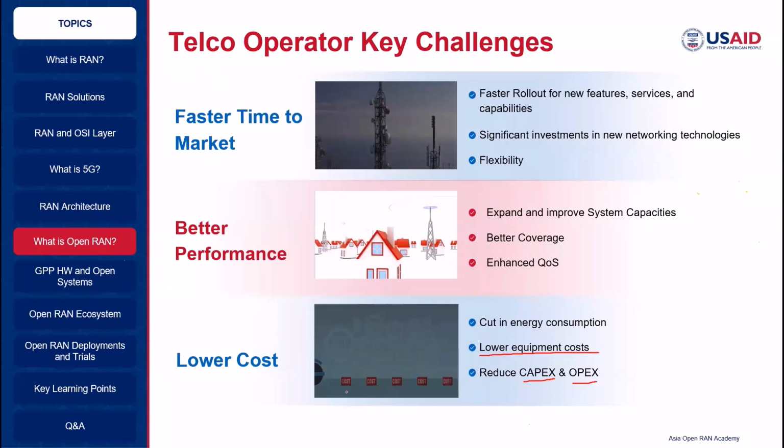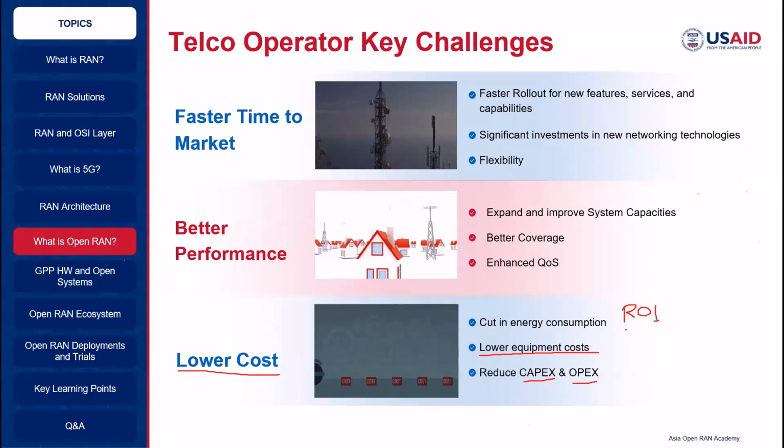Now, one of the challenges of operators is maintaining the business model. For example, we have what we call the payback period, or the ROI, rate of investment. Sometimes it's called PP, payback period.